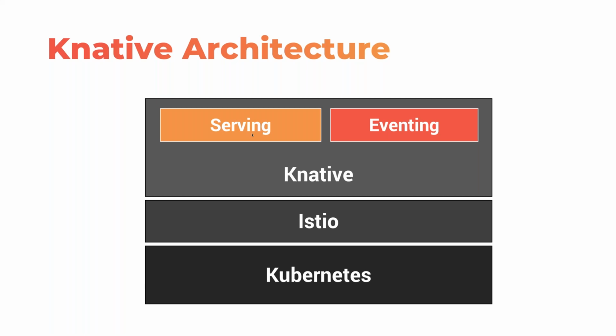Now, Istio is a very mature, popular service mesh. But the good thing about Knative is it can actually run with a couple of other implementations of service mesh. You don't need to use Istio per se. You can actually run Gloo, which is another API gateway and a semi-service mesh-like layer coming from solo.io.